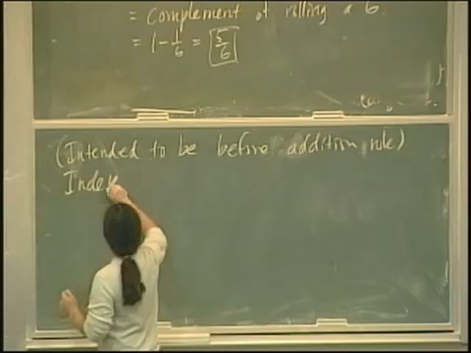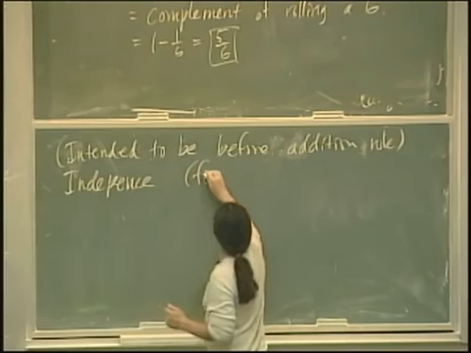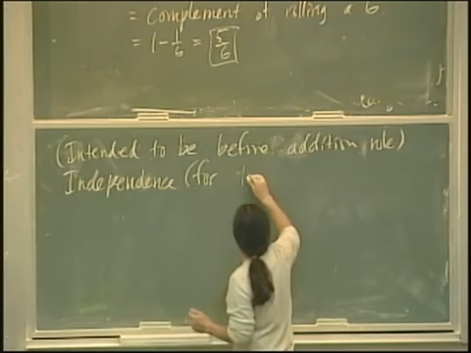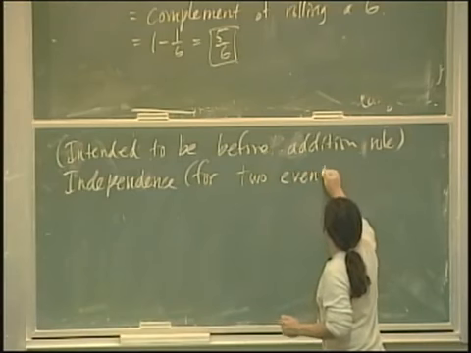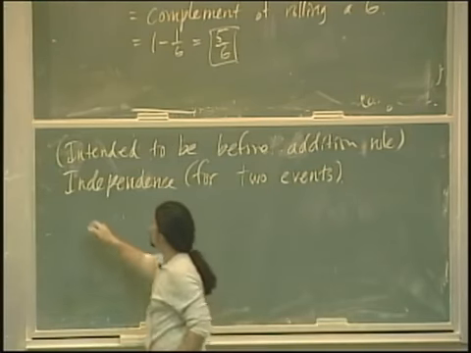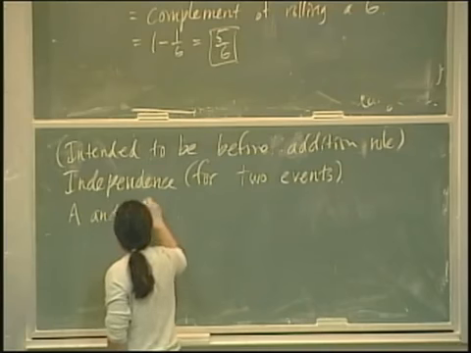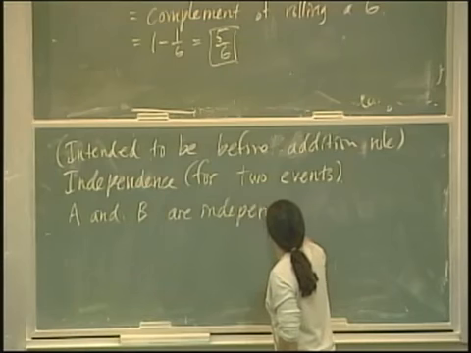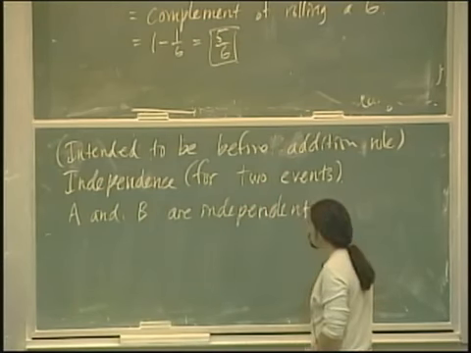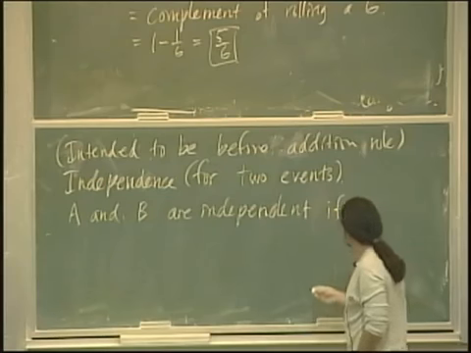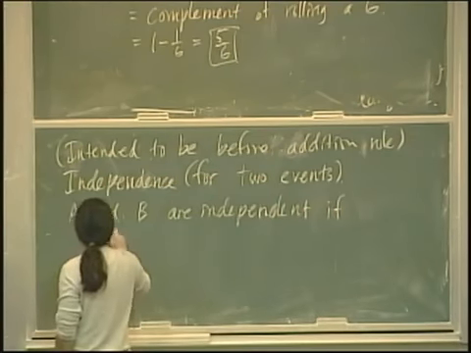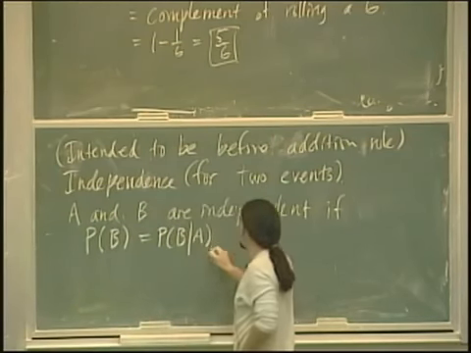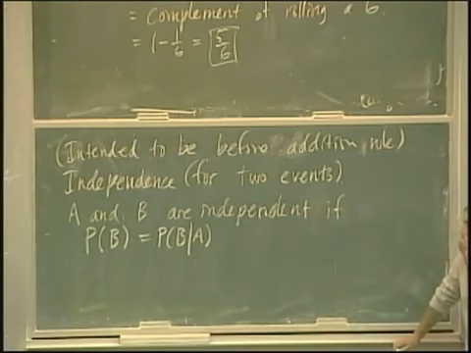The idea of independence, I'll describe for two events. So A and B are independent if the probability of B is equal to the probability of B given A. Okay?